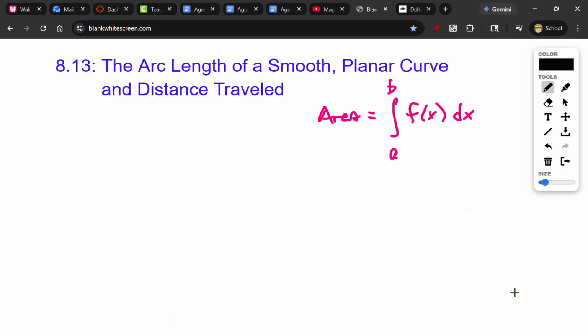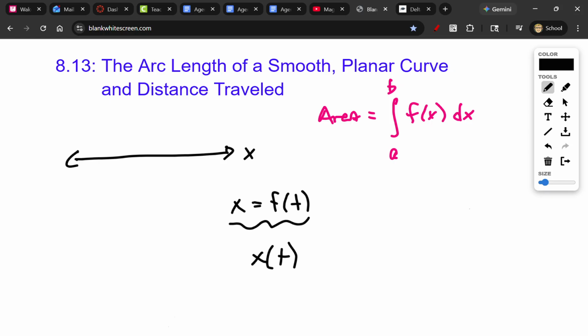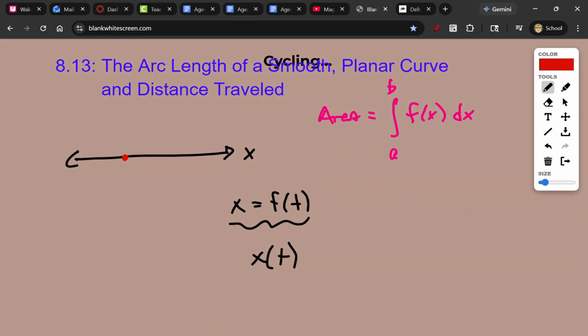Here's the x-axis, and x is going to be a function of t. So maybe we can just call this x of t. Okay, and x of t is a position function. So x of t would be telling you where a particle is along the x-axis at a specific point in time, right?